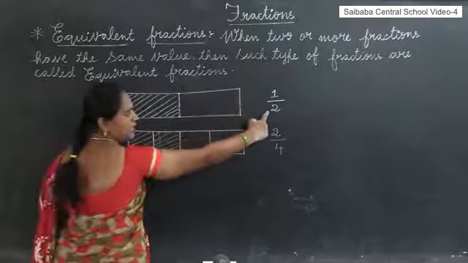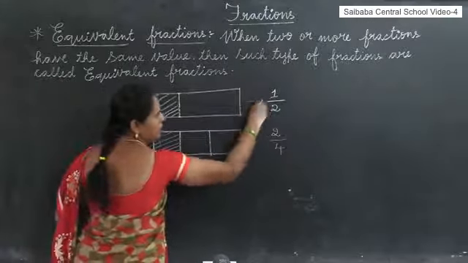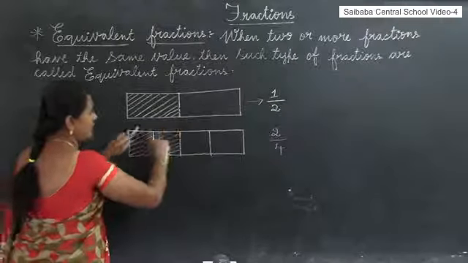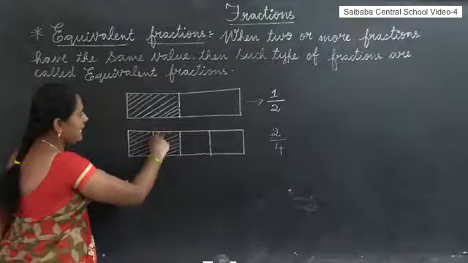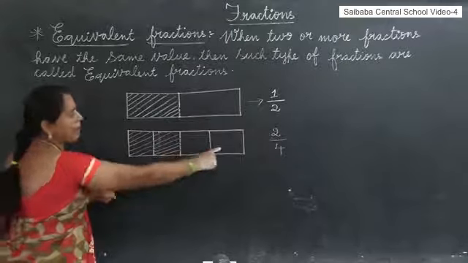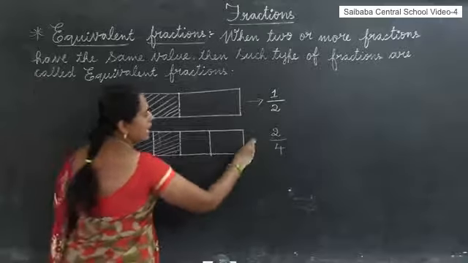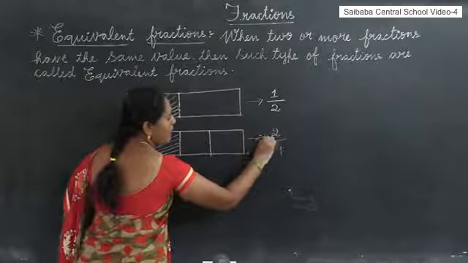First, we took a whole and divided that whole into 2 parts. What is the fraction of this? 1 by 2. Again, take the same whole, the same length, divide it into 4 parts and shade 2 parts. Now, what is the fraction of the shaded part? 2 by 4.